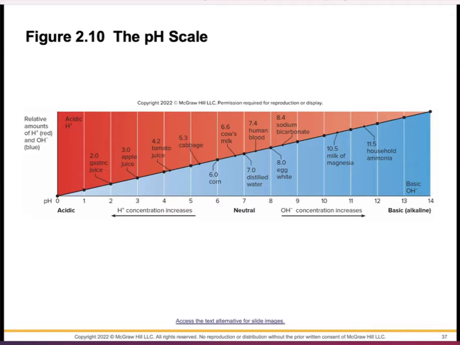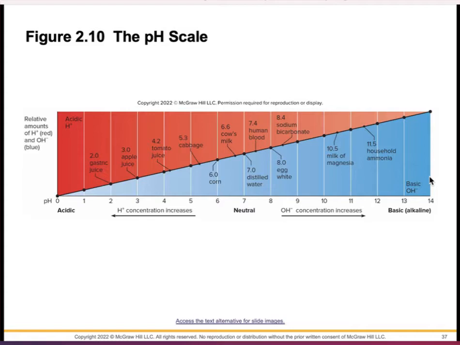Figure 2.10 is an actual pH scale. It illustrates the pH values of some of our common substances. As a reminder, a pH of 7 is neutral. You see it's indicated by distilled water. pH 0 to 7 is acidic, and 7 to 14 is basic or alkaline.